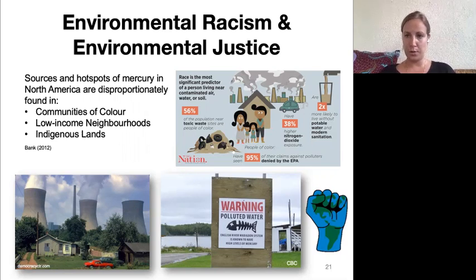Existing strategies for reducing mercury exposure are not always effective in communities at risk. Fish advisories that warn of health risks of eating contaminated fish, like we saw in the Grassy Narrows example, perpetuate environmental injustice. This shift in policy from risk reduction to risk avoidance places these communities in a lose-lose situation.